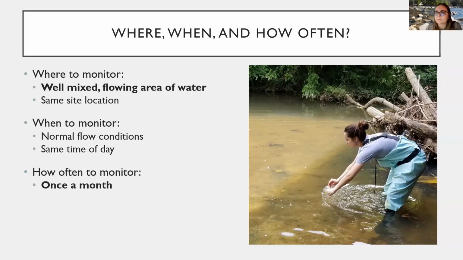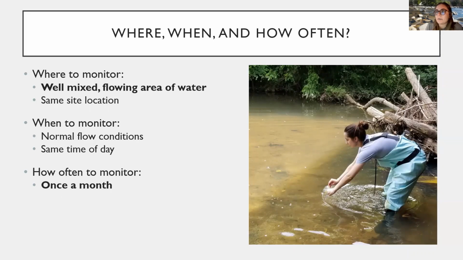So if you have a stream site already, with AdoptAStream, that's great, and you can just incorporate your bacterial sampling in that site. But if not, definitely choosing one site and going back to that same location every time is going to ensure that we get replicable and comparable data. So that's important.